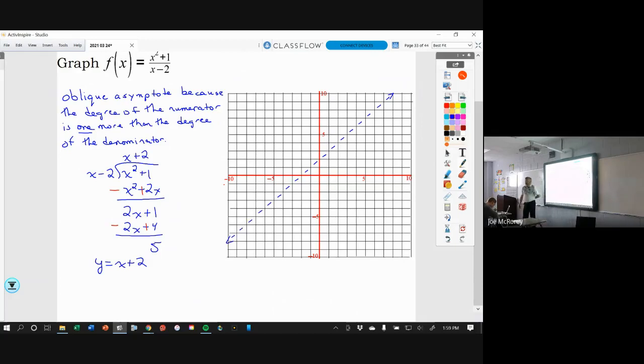That is my oblique asymptote. Do we have any vertical asymptotes? X equals 2, perfect. Because the value of x equals 2 makes the denominator 0, that's a problem. So x equals 2 is a vertical asymptote.